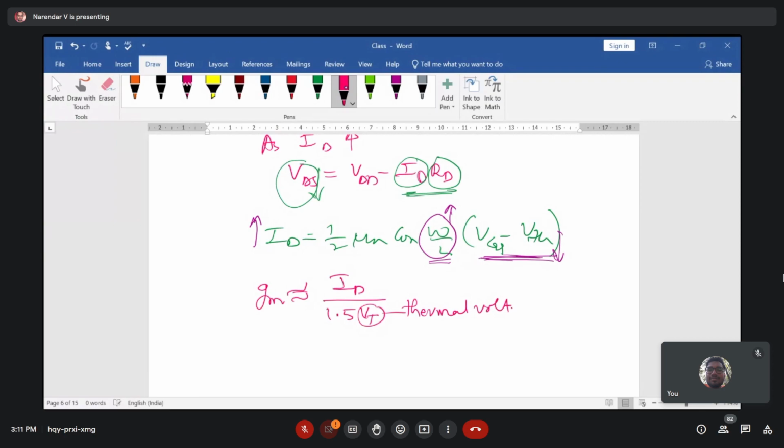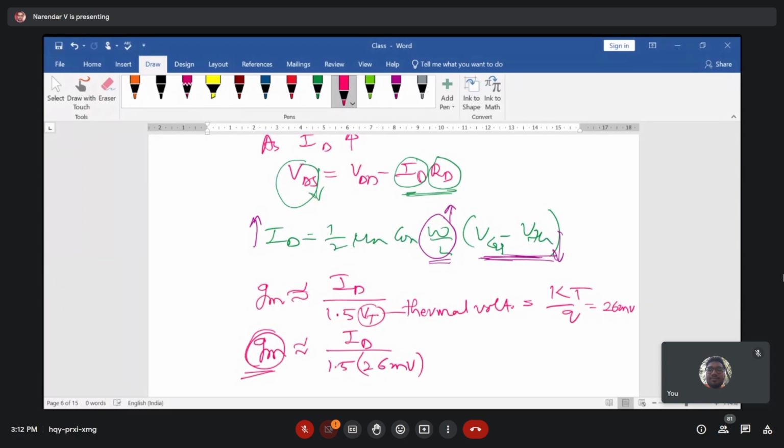What is the thermal voltage expression? It is kT by q, which at room temperature is 26 millivolts. So now GM is limited by the ID value. You will make ID constant and 1.5 times 26 millivolts. Finally, you will end up with a limit on your GM.